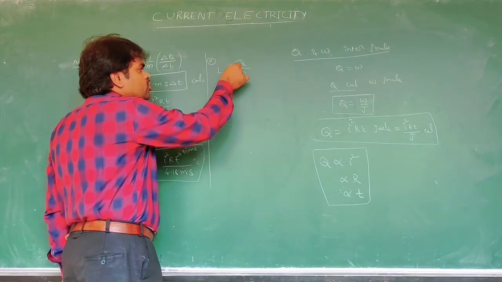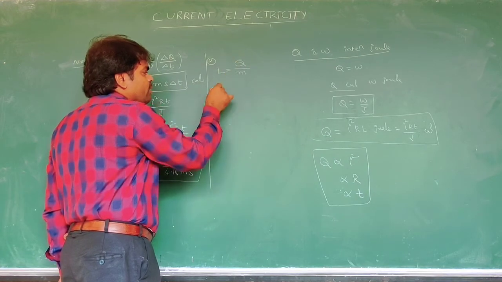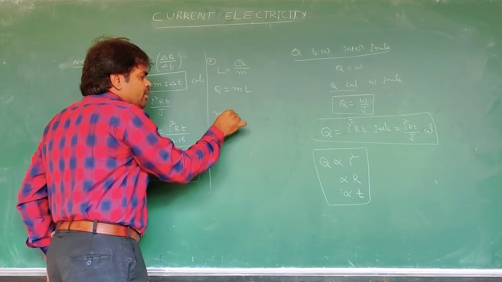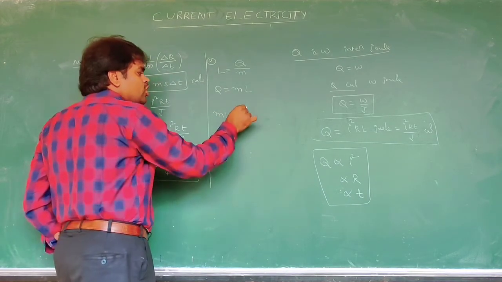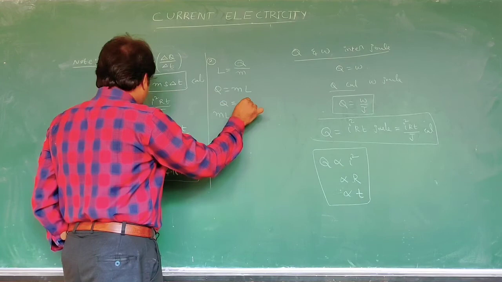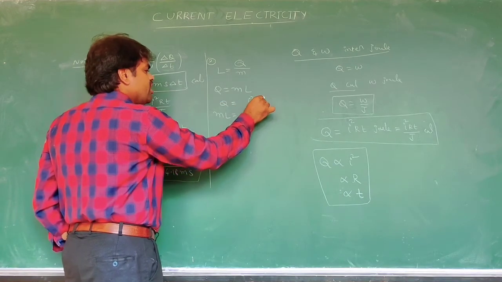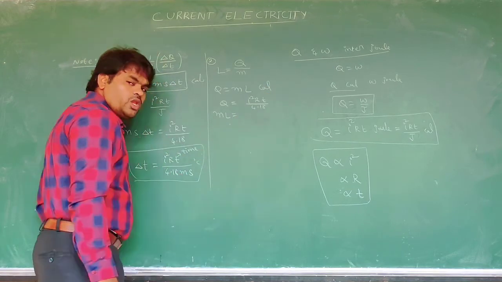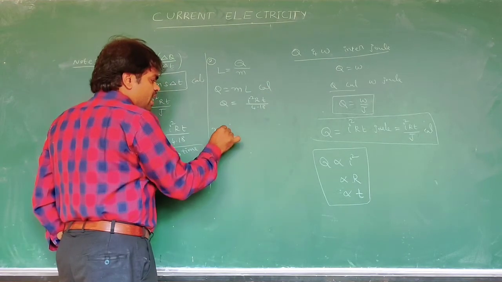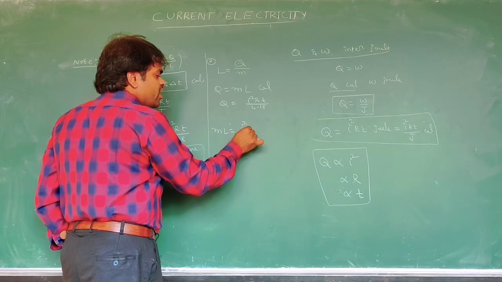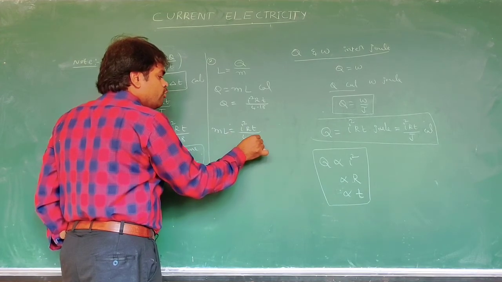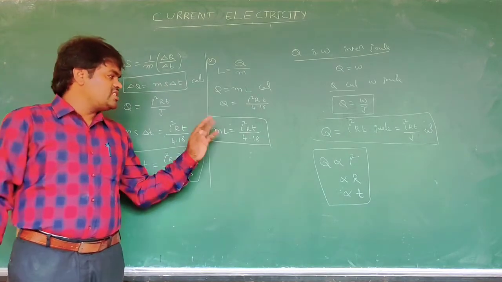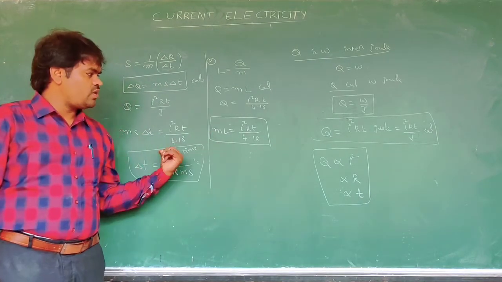That is, L is equal to Q by m, then Q is equal to m L. At that time we can write m L is equal to I square R T by J, that is I square R T by 4.18, because it is expressed in terms of calorie. Here m is the mass of the substance and L is the latent heat.